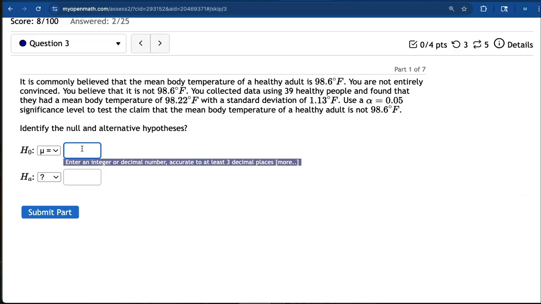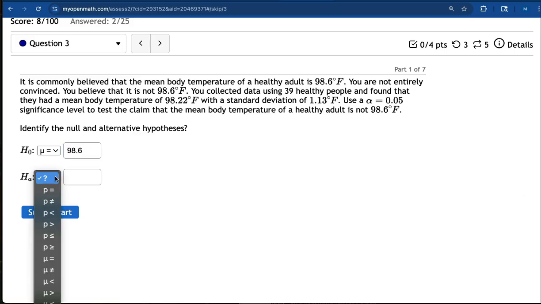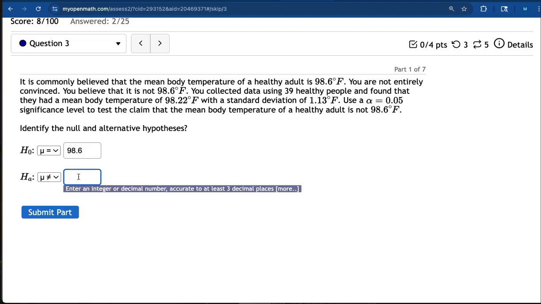So we are testing against the true mean of 98.6. We believe that it's not that. We don't know which side of it is, so we have to say mu is not equal to 98.6. In fact, we could say mu is less than, since the sample had a value that was less than 98.6, but we need to make our alternate hypothesis match the claim.